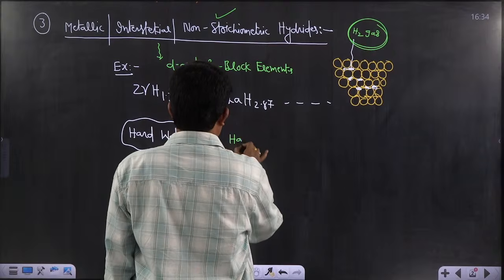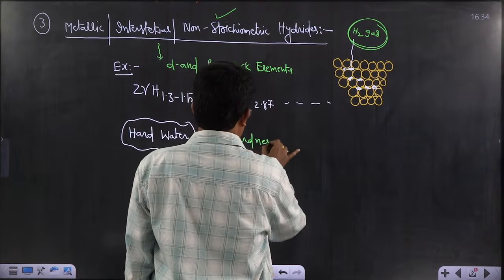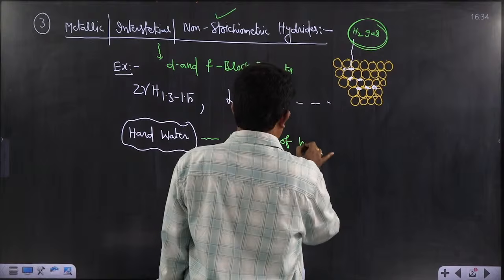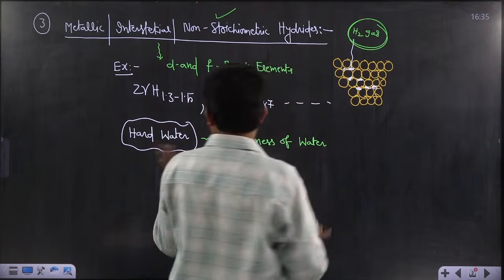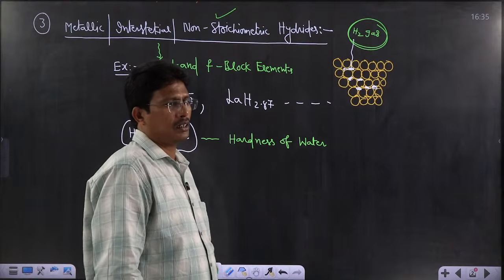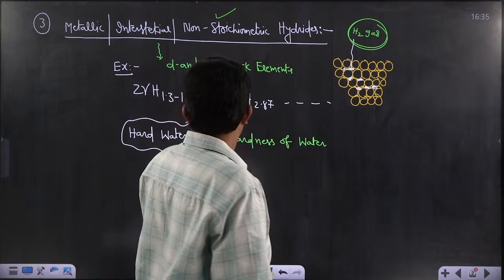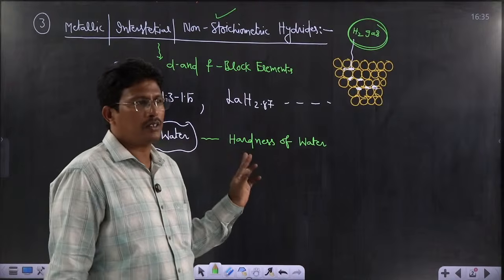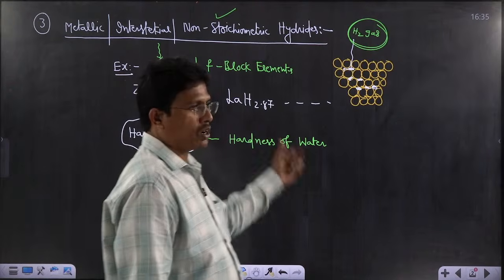Hardness of water is mainly due to, when soap is applied to hard water, foam is not produced immediately. The reason is some dissolved salts in water, they cause hardness to water.